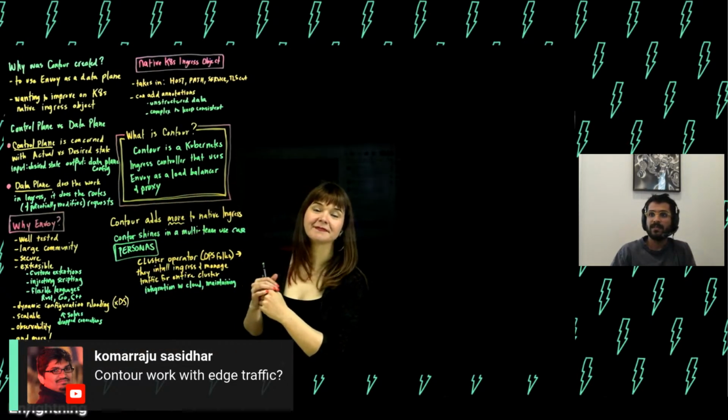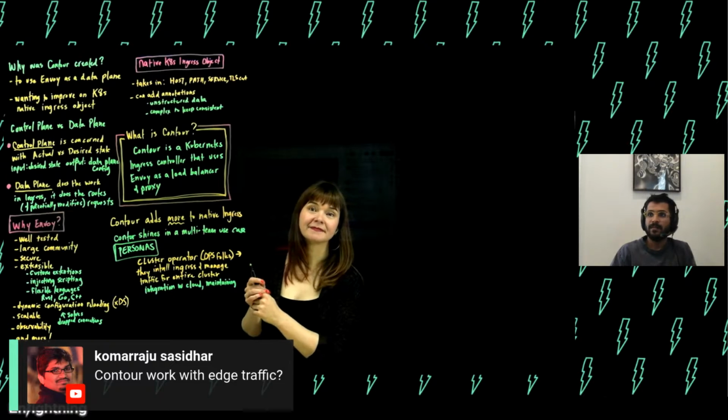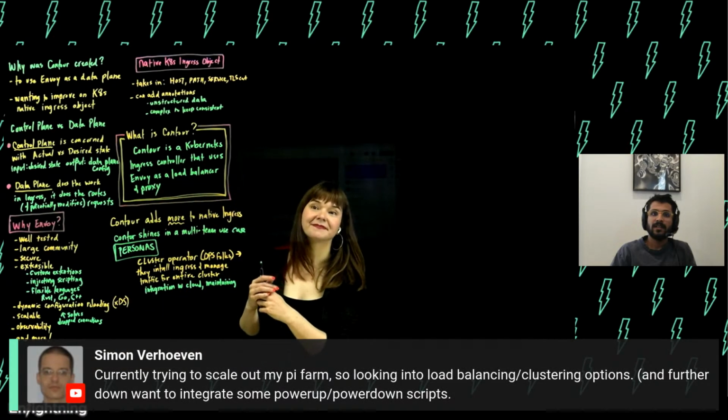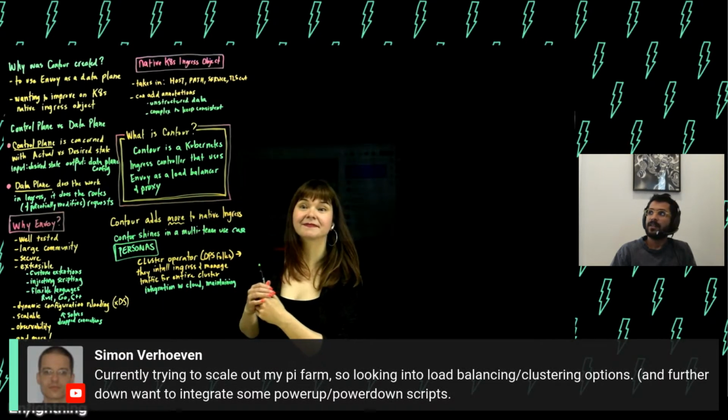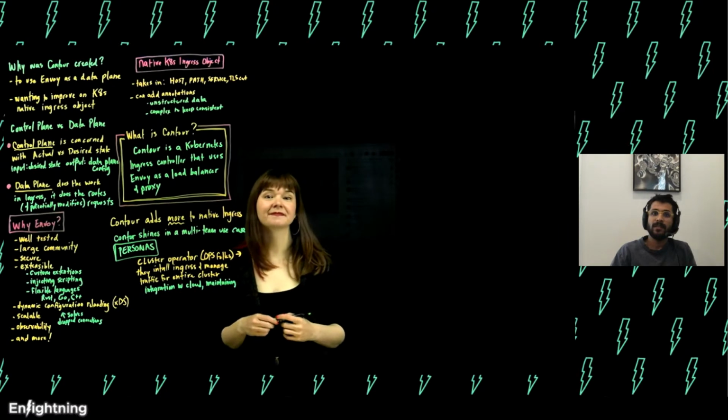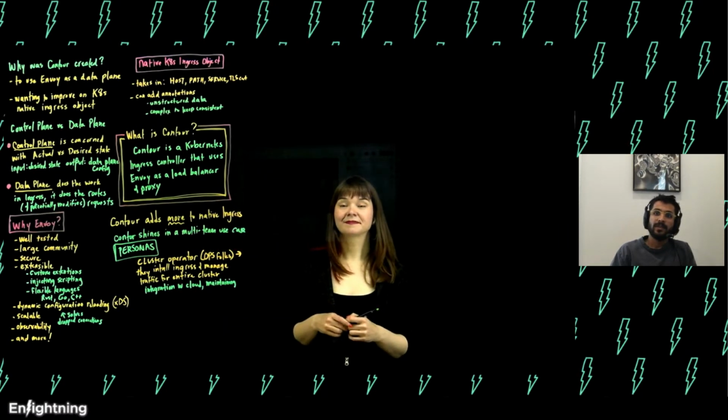Going back to Simon's comment from YouTube about a Raspberry Pi farm, there was a really great talk at KubeCon North America, I believe last year, where someone had a really great demo showing Contour running on a Kubernetes cluster on a Raspberry Pi, and it was pretty amazing. Integrating something like Contour with those sorts of devices and running it in that constrained environment is totally applicable to all these use cases.